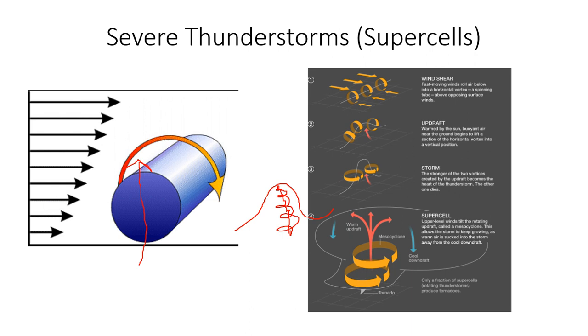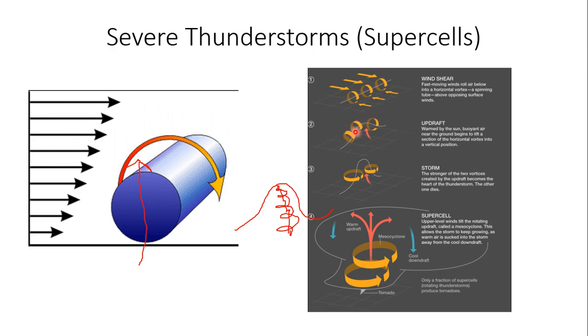Okay, and this graphic on the right shows you a more detailed explanation of what's happening, where you get wind shear, fast-moving air streams, and then you get the horizontal spinning tube, and there's that updraft I was talking about, remember? That's what I'm trying to really emphasize here at point 2.